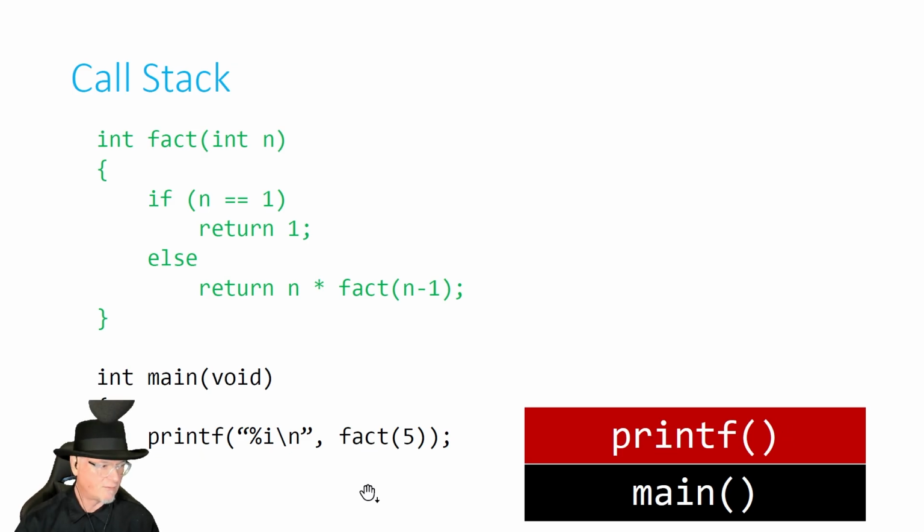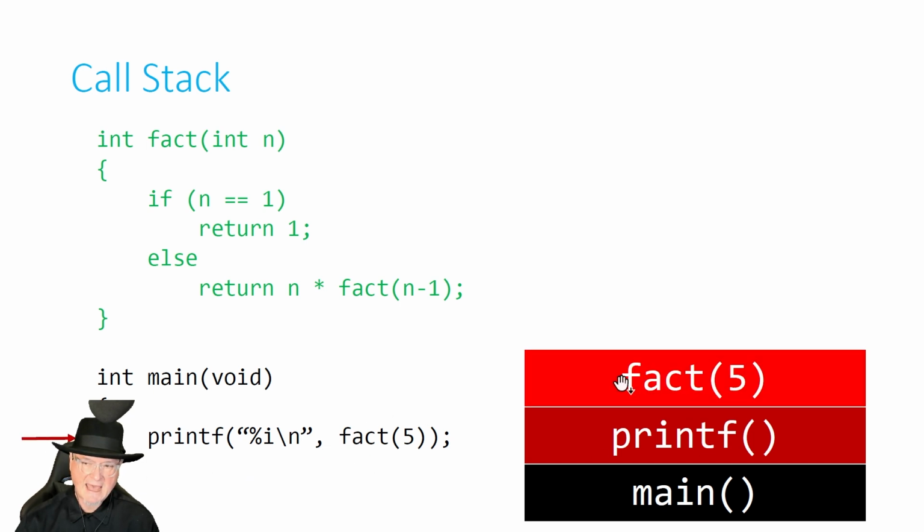And then what are we going to do? Well, I hope you can see pretty clearly that we're going to call the fact function right here, and that's going to be added as a frame on the top of the stack, and we've passed the value in the factorial. And then we're going to run through the fact function, and we see that n is not equivalent to 1, so we're going to go on to the else, and now here is the interesting thing in this particular example for the recursive program.